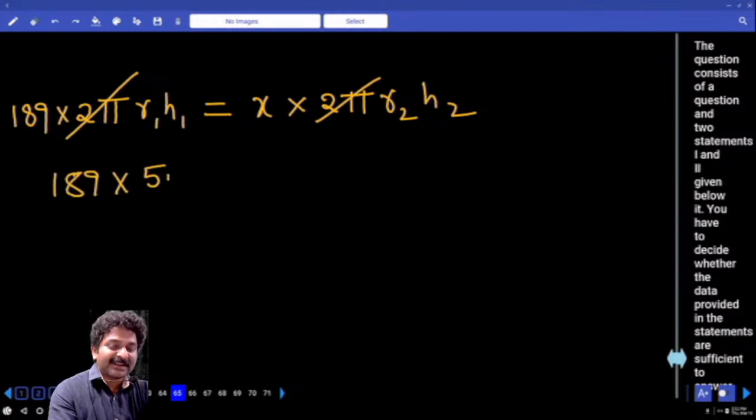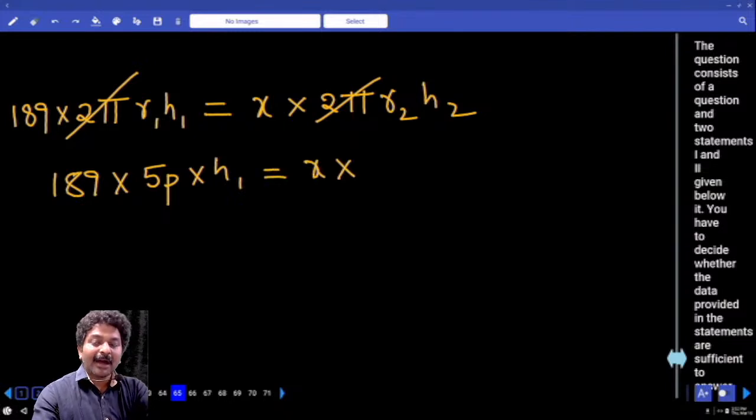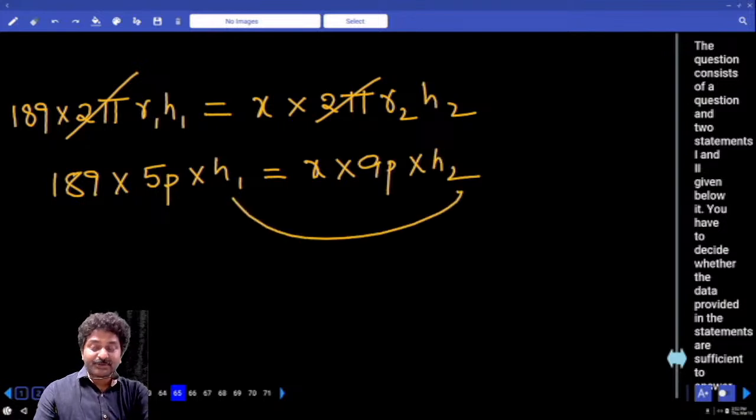How many parts is that? 5 parts. H1 don't know. 9 అనేది ఏంటి? Radii of the second roller. Height 1 x into R2 9 parts into, do you have any relation between H1 and H2?